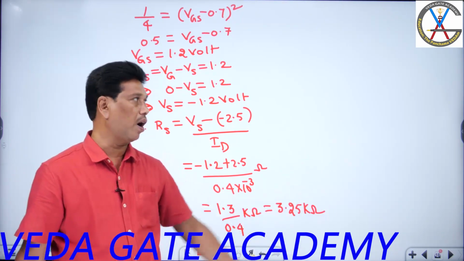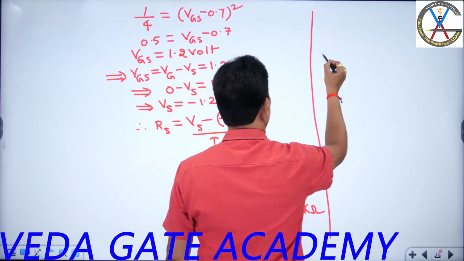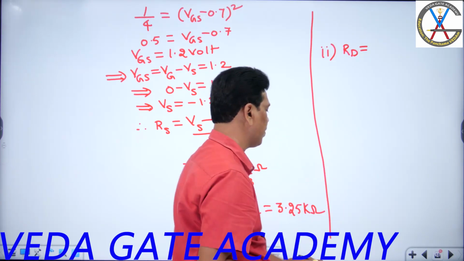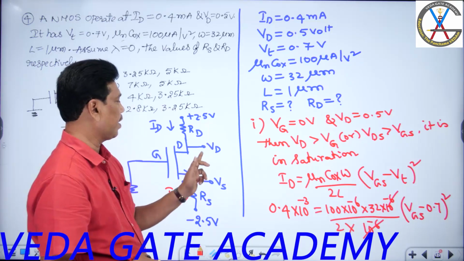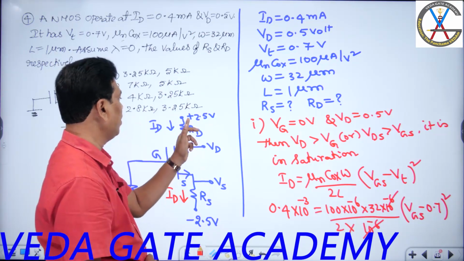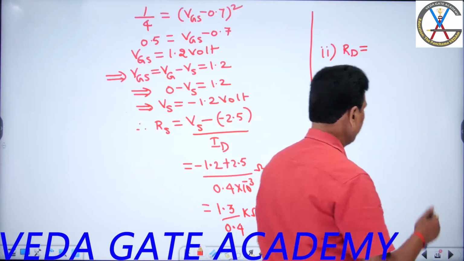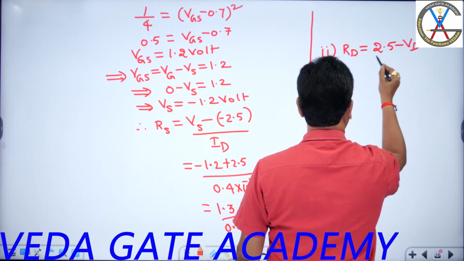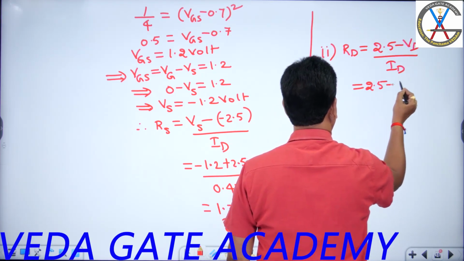Now I can go for RD. What is RD, sir? I told you that it is a direct one. So second, RD equal to 2.5 minus VD by ID. VD is already given as 0.5.